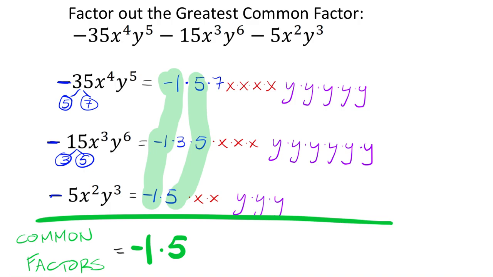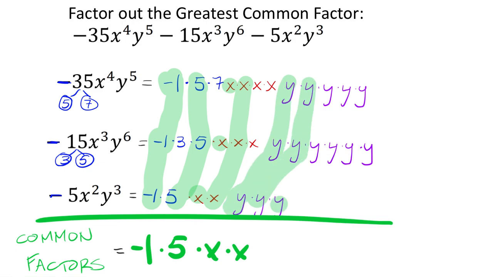Then after that we have 2 x's that we're going to multiply. There's 1, 2 x's that are common for all 3 of the terms. And then finally we've got the y's. We've got 1 set of y's, 2 sets of y's, 3 sets of y's, all of which are common factors.